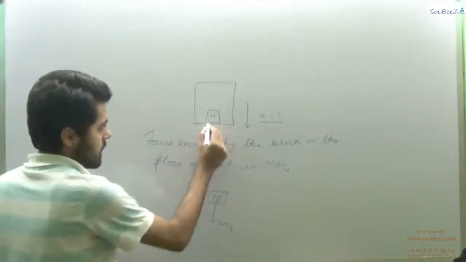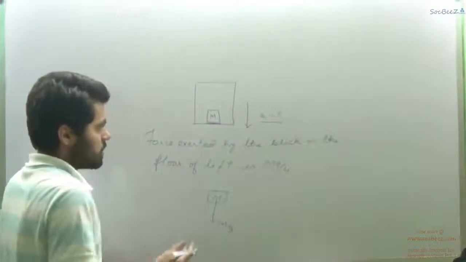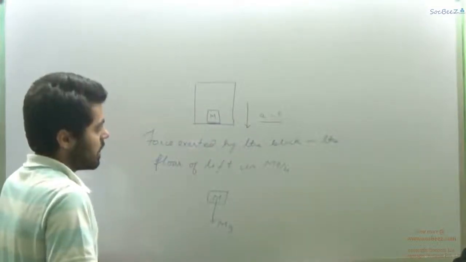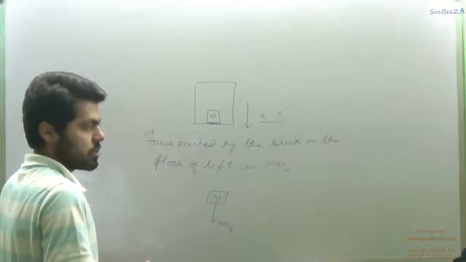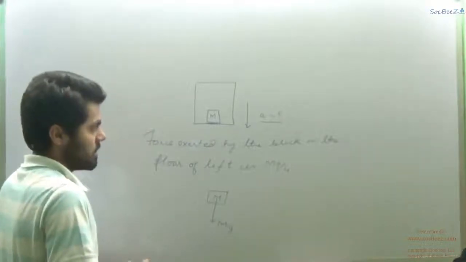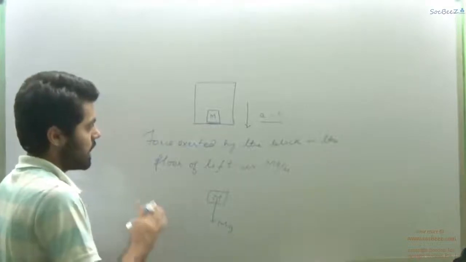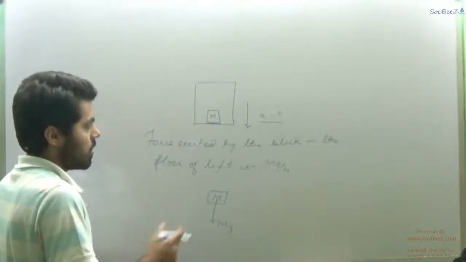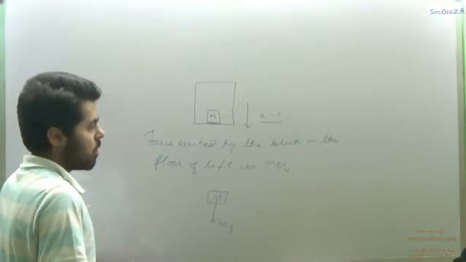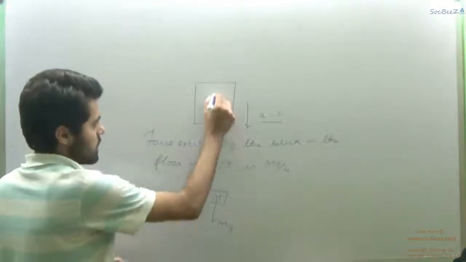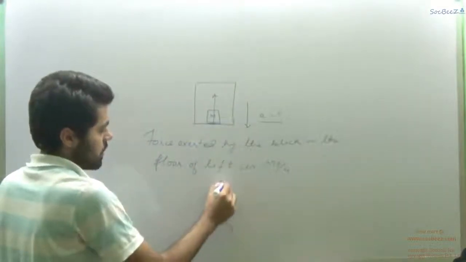And then there is a surface. So as we know and I have discussed earlier, whenever there is a surface, there must be a contact force. And since nothing has been mentioned about friction, right now we will ignore friction. So the only contact force left out is the normal force. So this will act in this direction, a normal force.